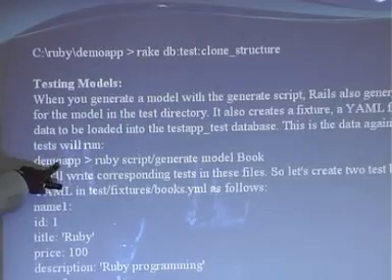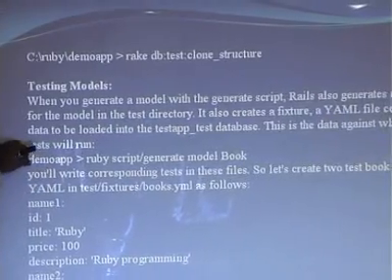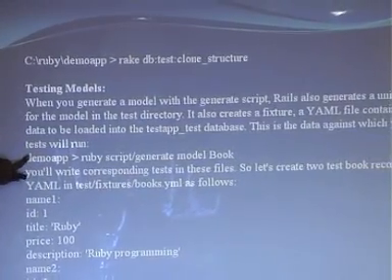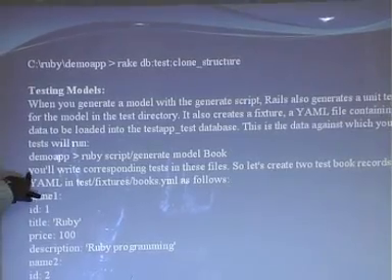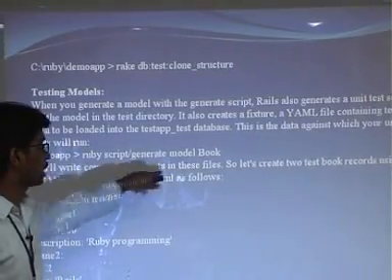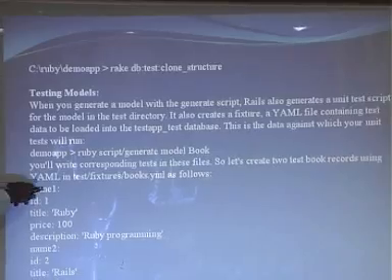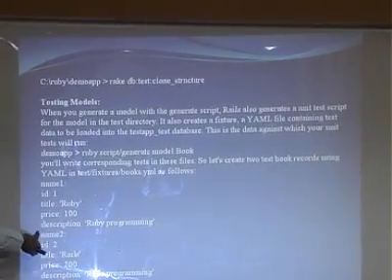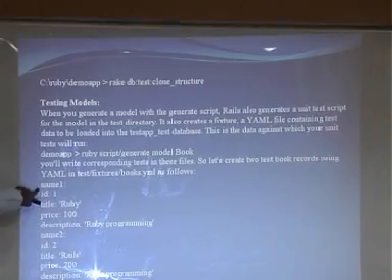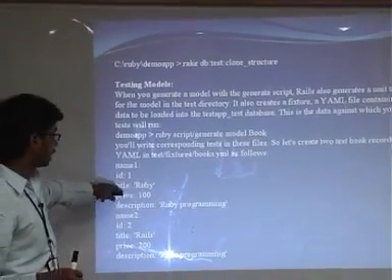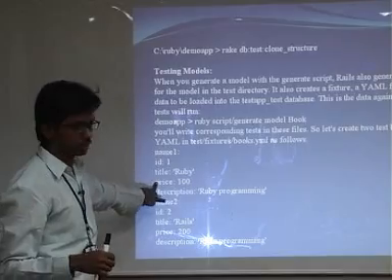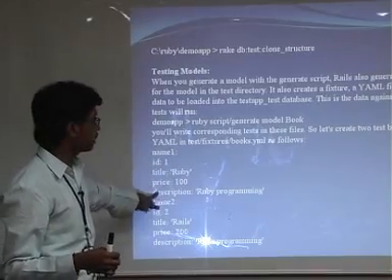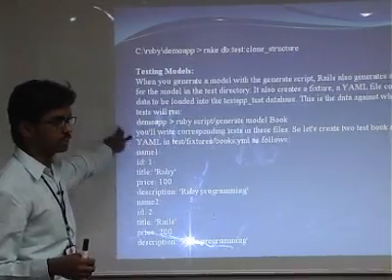Once you create a model for unit test, you will write the corresponding test in this file. So let's create two test book records for testing purposes. Sample records such as name and ID will automatically be entered into the test.yml file in fixtures.